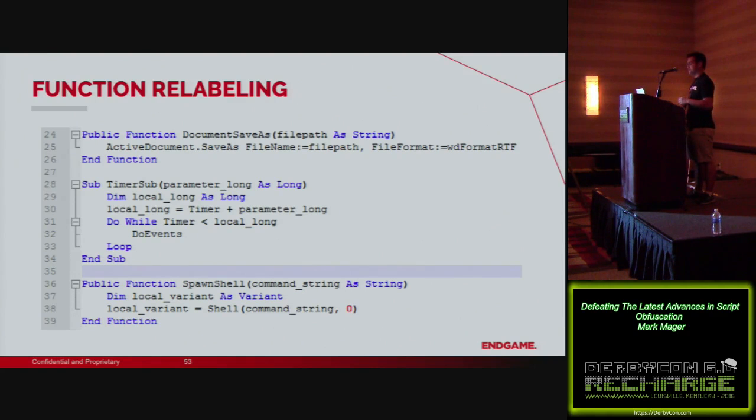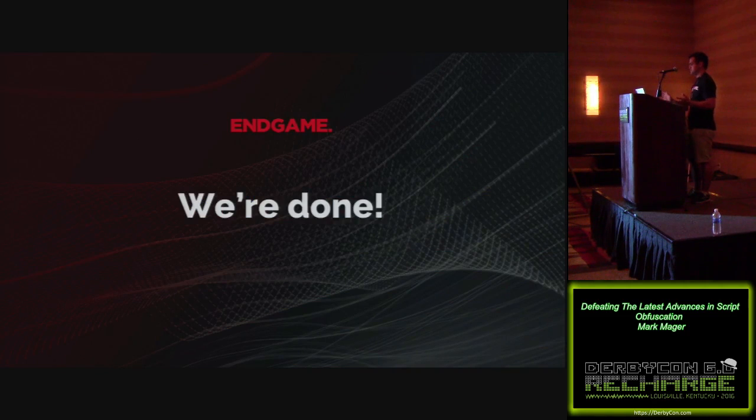So we can look back and see how that's being used. The subroutine on line 28 is just invoking the VBA timer, essentially initiating a sleep, and the function on line 36 is just for launching a command shell and passing a command to it. So we're done. That actually seemed pretty straightforward, right?